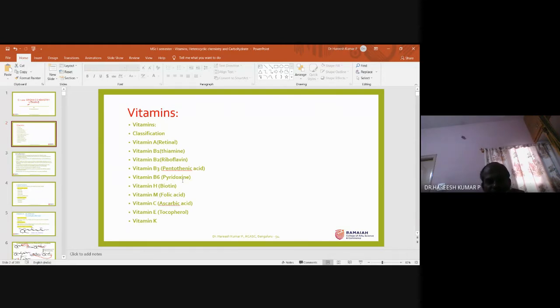Vitamin M is nothing but folic acid. Vitamin C is nothing but ascorbic acid. We will also discuss vitamin E, which is called tocopherol, and vitamin K, which is also called phylloquinone.